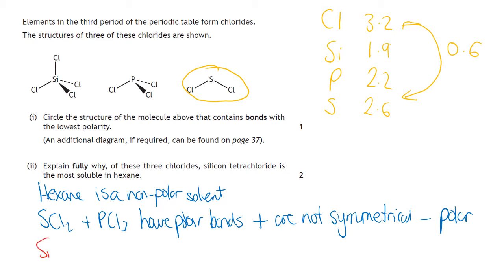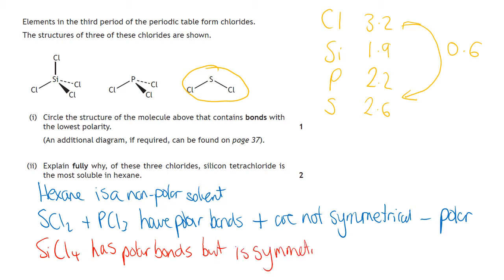Now if we look at SiCl4, it has polar bonds. In fact, it has the most polar bonds because it's got the biggest difference in electronegativity. But it is symmetrical. It's a tetrahedron with all the same groups around the outside, which means it is non-polar.